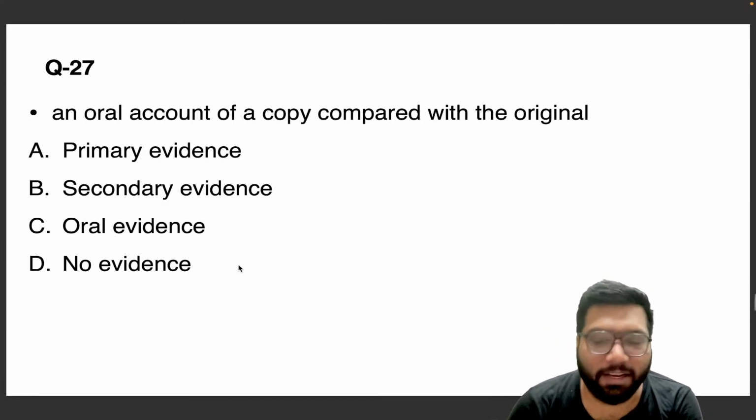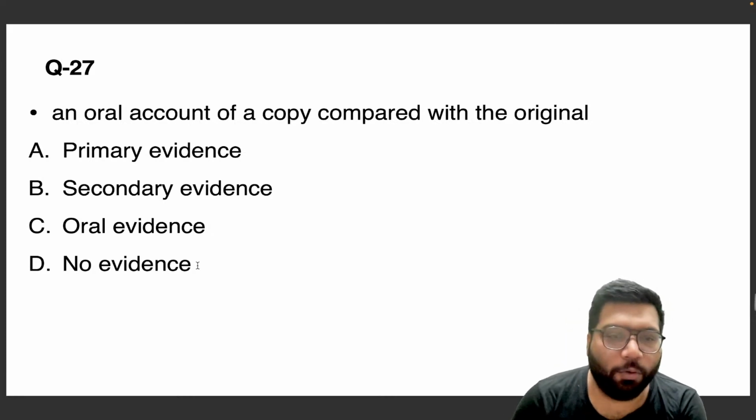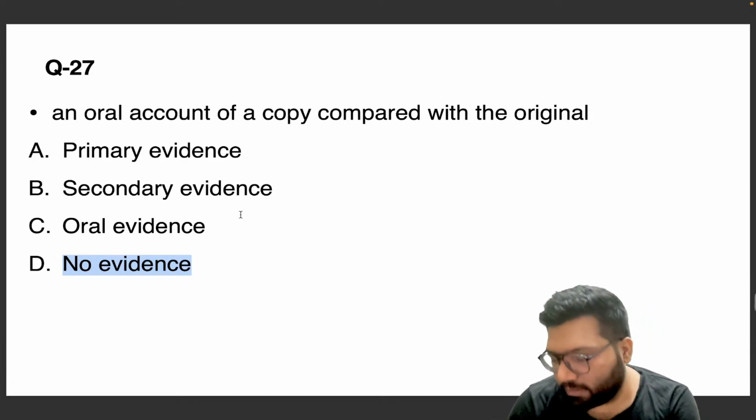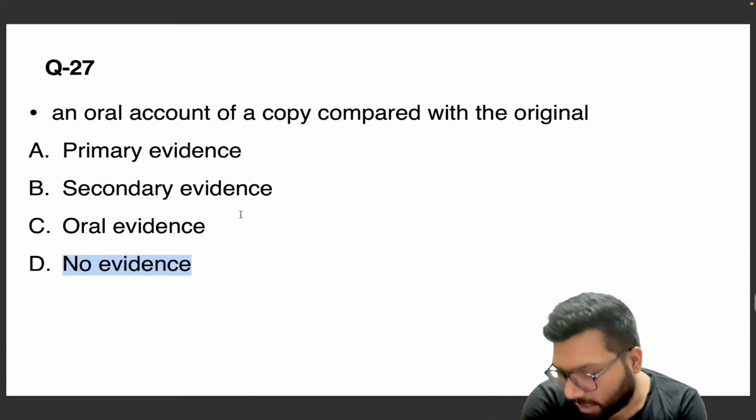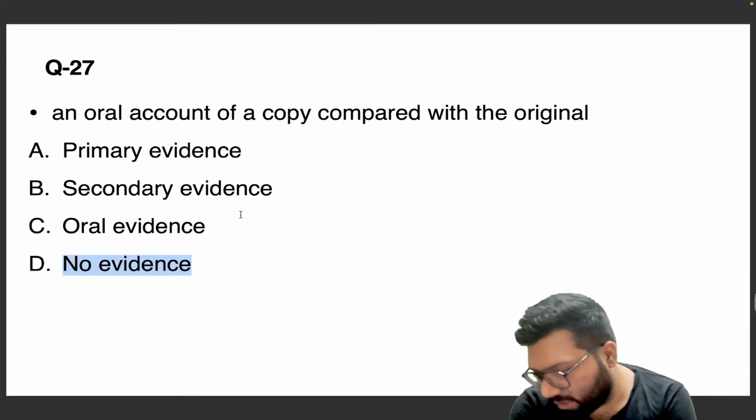No evidence. Now, who can tell me why D is the correct answer? The reason. Nawab Khan, please tell me the reason. Preeti, tell me the reason. Suman, tell me the reason.